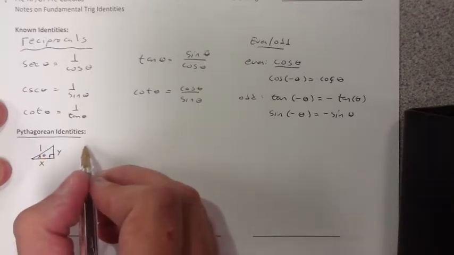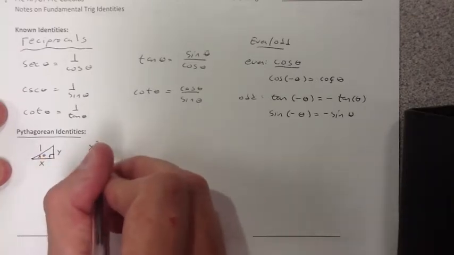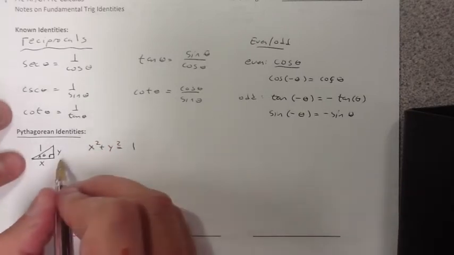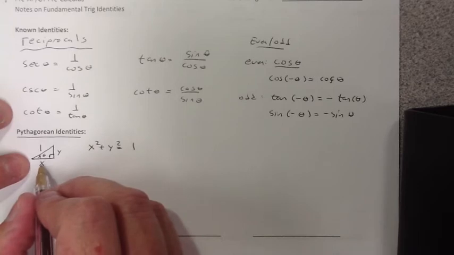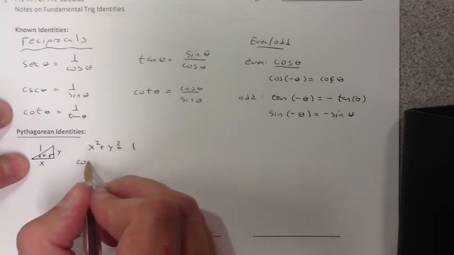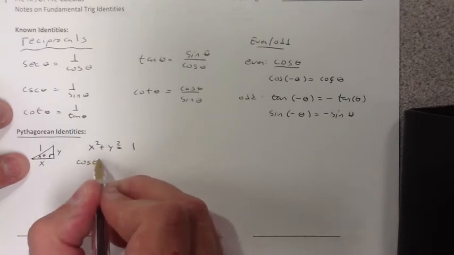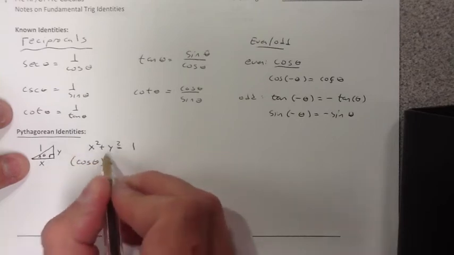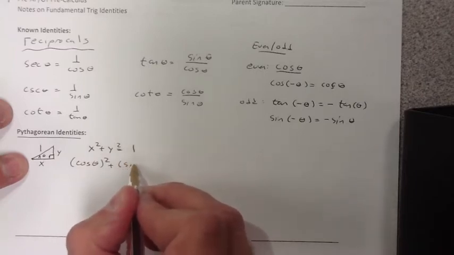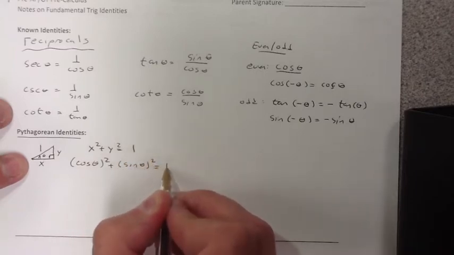So we would say, using Pythagorean, x squared plus y squared equals 1. Now from earlier we know that x is my cosine value. So this becomes cosine of theta squared plus y, which is my sine value, so that becomes the sine of theta squared equals 1.